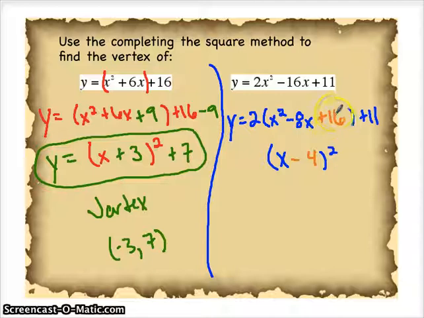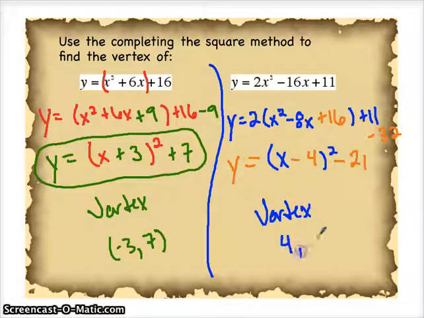Now notice that that 16 would also be multiplied by 2. So that's actually adding a 32, so let's balance by subtracting 32. And on the outside here, negative 32 plus 11 would be a negative 21. We're equal to y, and our final answer then, or vertex, would be at 4, negative 21.